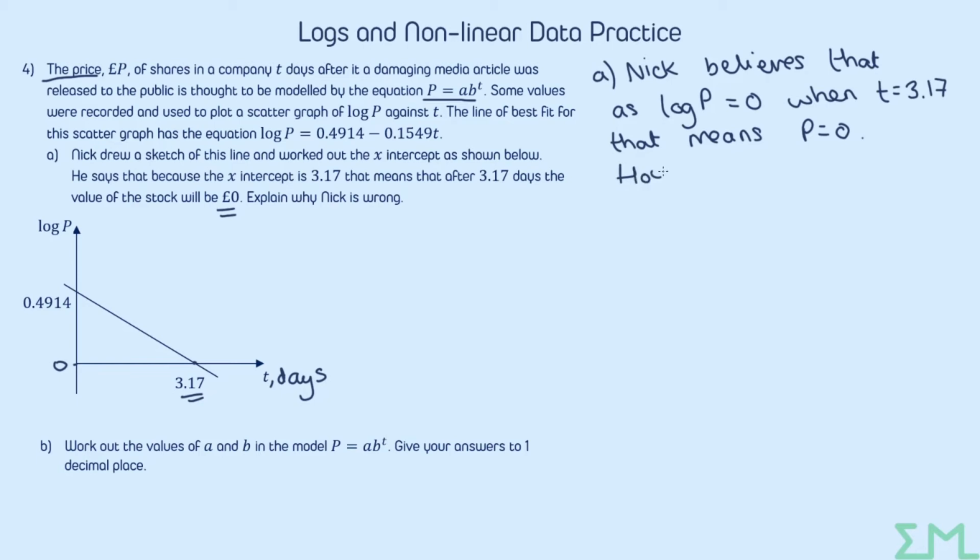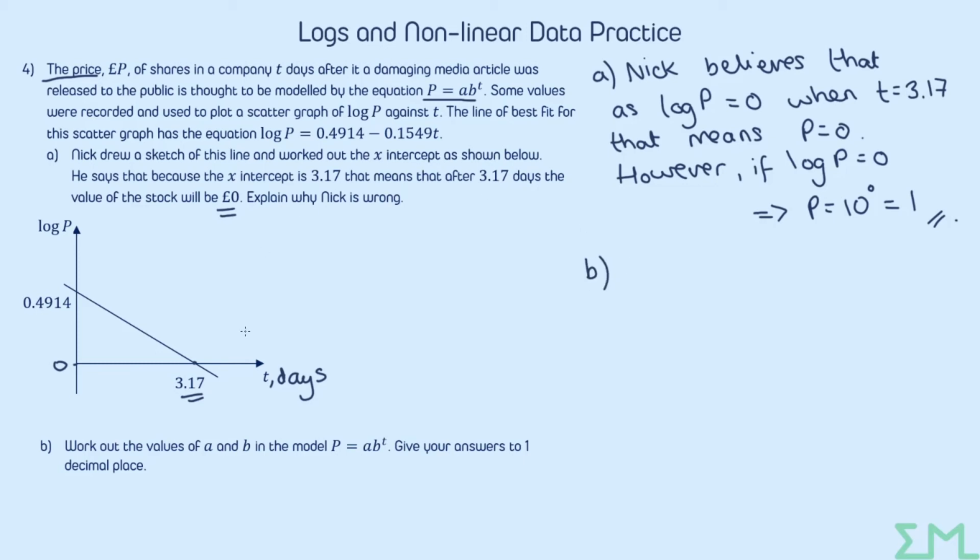However, if log p equals 0, this actually implies that p equals 10 to the 0, which is 1. And there we go. So we've shown that it's not true, and we've given the correct answer.